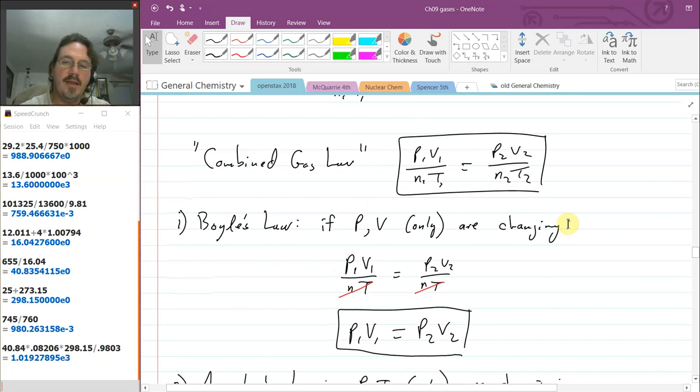If I limit what's allowed to change, for example, let's say I keep this in a water bath, the temperature of my gas sample is constant. I take the sample and submerge it in some kind of flexible container in a water bath, so it's always 25 degrees Celsius. Whatever else is happening to this gas, it's going to maintain that same temperature.